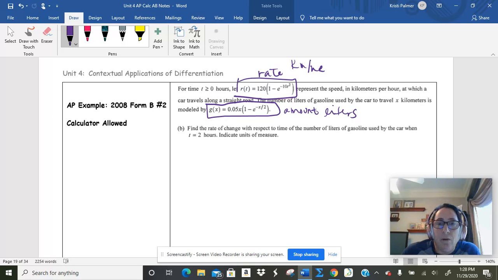Find the rate of change with respect to time, d/dt, of the number of liters of gasoline used by the car when t equals 2. Okay, so we have this g equals... I'm going to leave it with 0.05x.